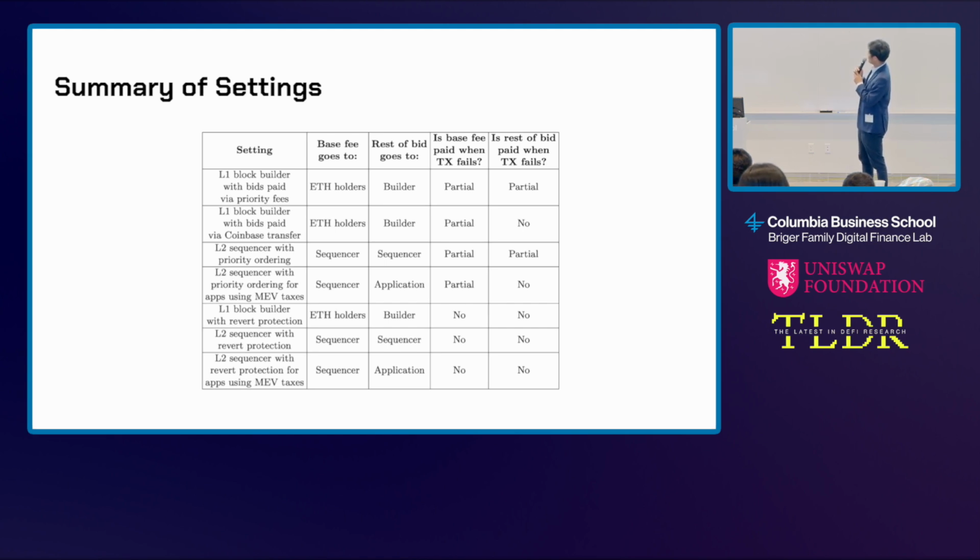However, if you use coinbase transfers, or in apps using MEV taxes, the priority fee is not paid, only the base fee is. And then naturally, in settings with full revert protection, neither the base nor priority fee is paid, or only a portion of it if the transaction fails.